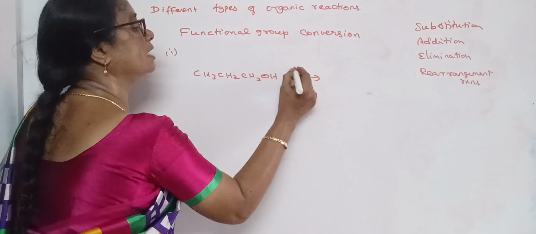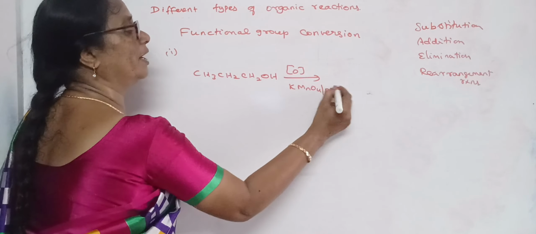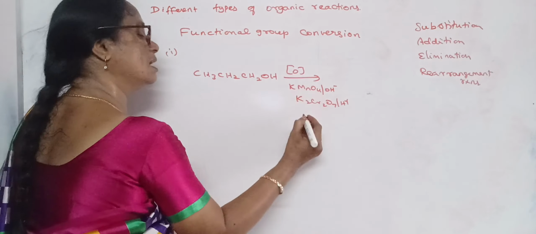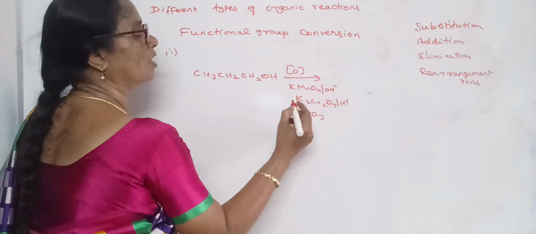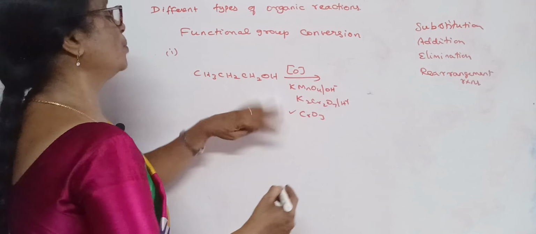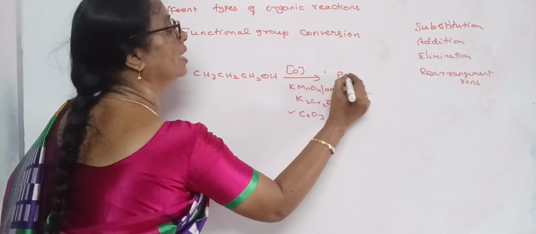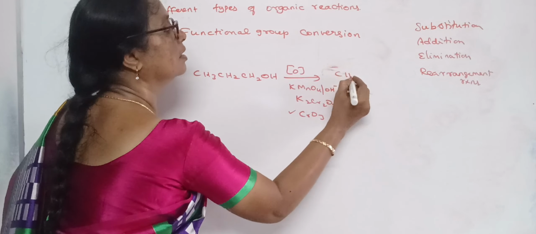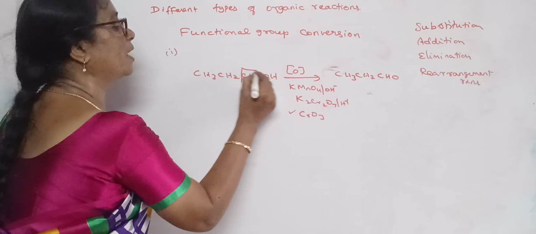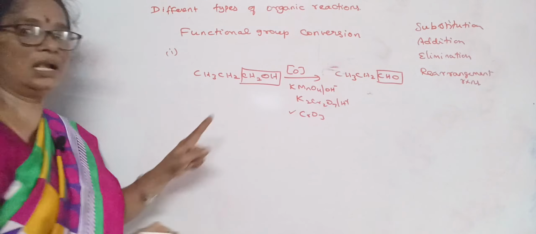On oxidation with potassium permanganate with OH minus, or potassium dichromate with H plus, or simply chromic oxide, so better I can take chromic oxide, this is an oxidation. Propanol is converted into propanal, CH3CH2CHO. See, this primary alcoholic group is getting oxidized into aldehyde.